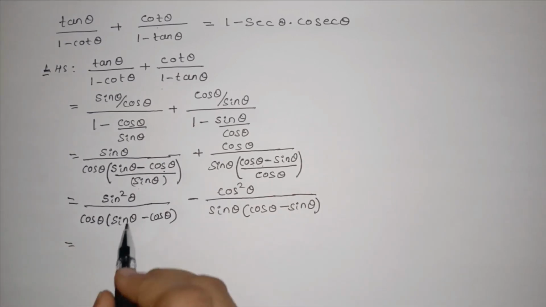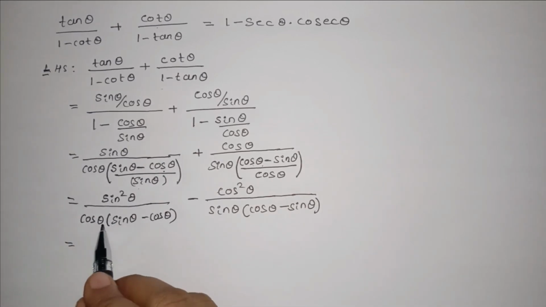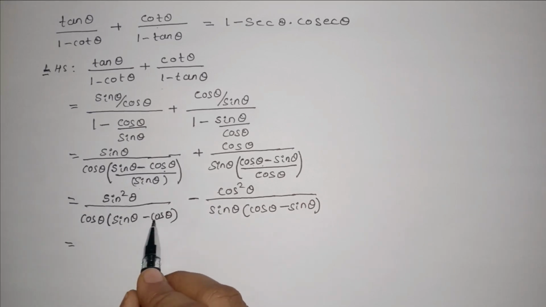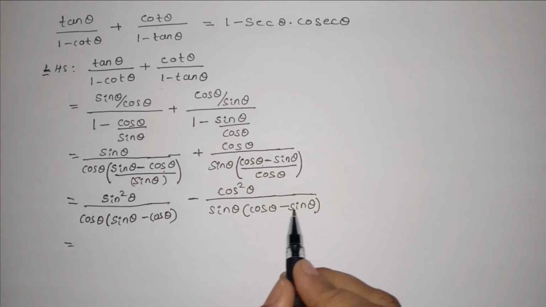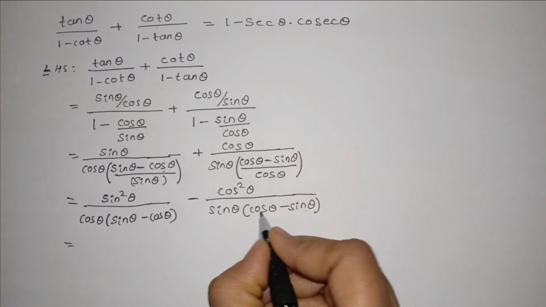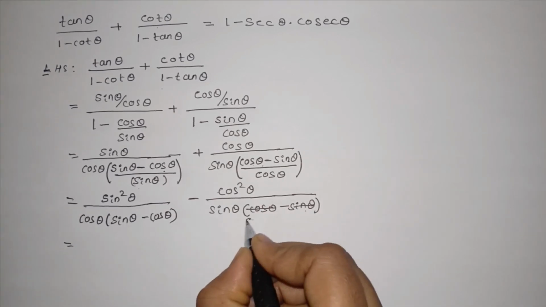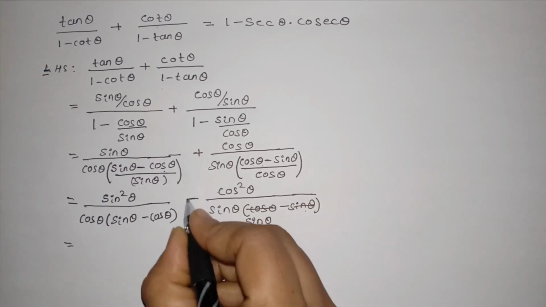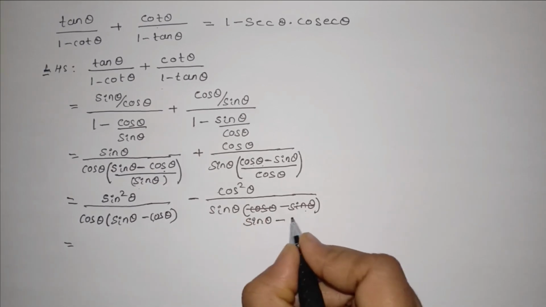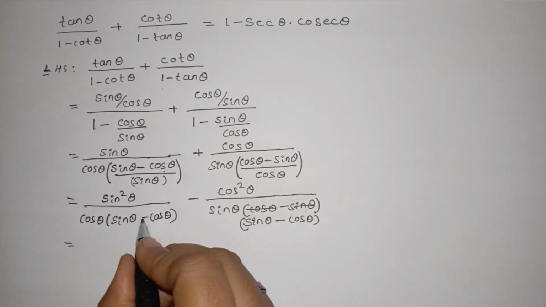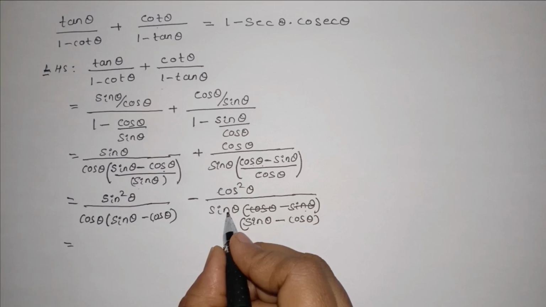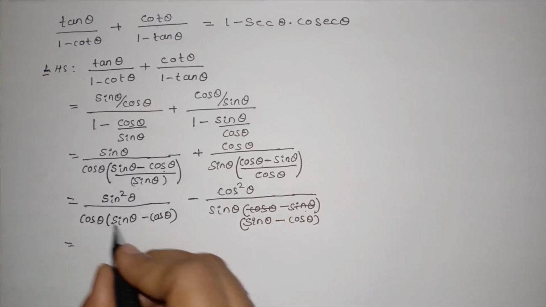Now you can observe here at the denominator cos theta bracket sin theta minus cos theta, here sin theta into bracket cos theta minus sin theta, sorry, it has to be sin theta minus cos theta, as we have taken the sign outside. Now here these two terms are the same, and here one term is sin theta, here cos theta.